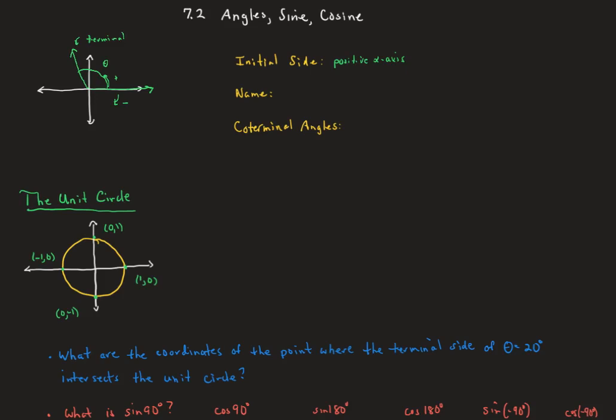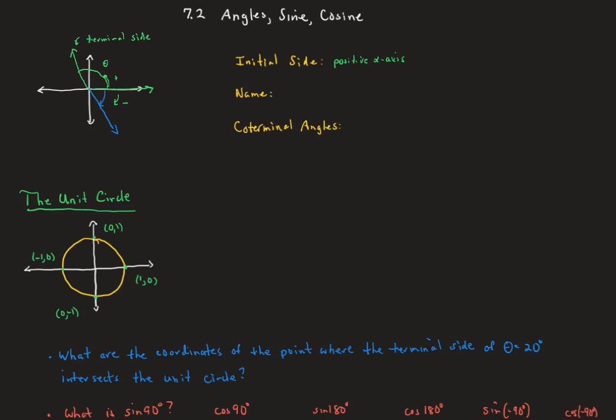So we have an initial side that is always the positive x-axis and a terminal side that is going to be where it ends. So we can also sweep through a negative angle. So again, starting with the positive x-axis, if we go clockwise, then this would be the terminal side of a negative angle. So we're going to allow angles to be positive or negative.